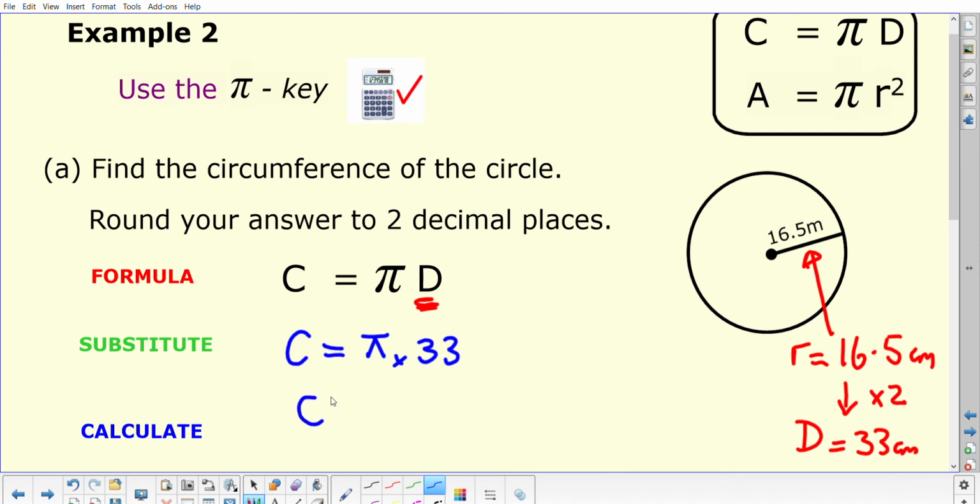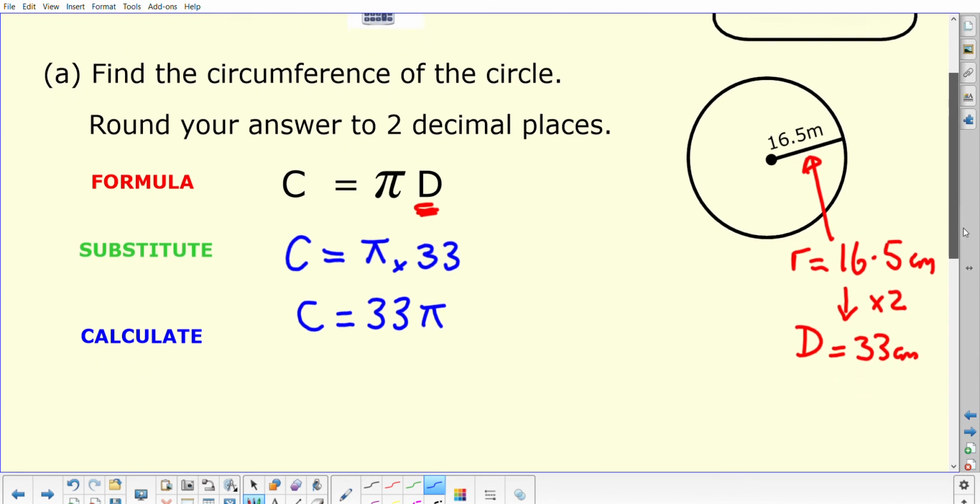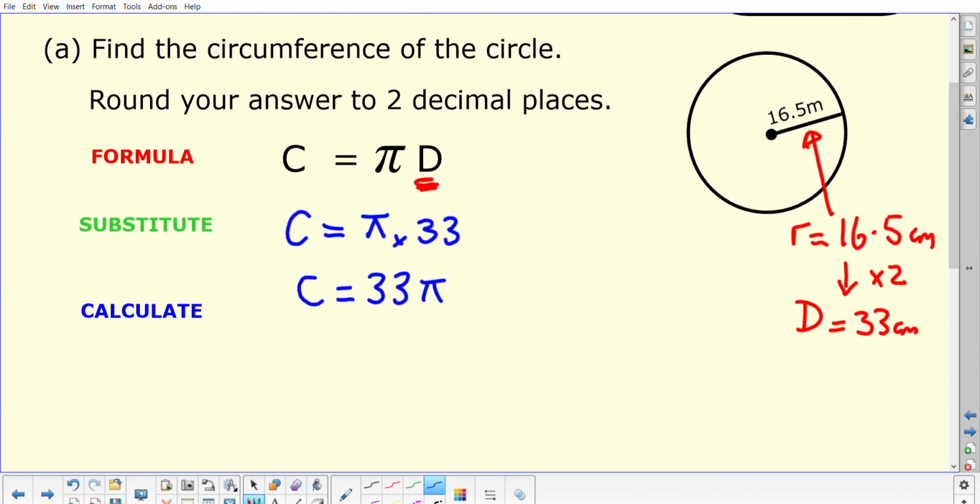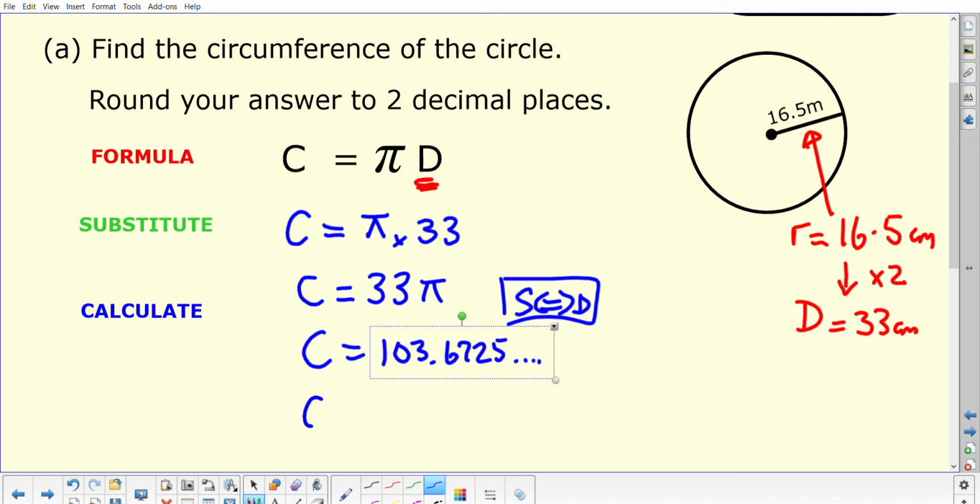Now what will come up on your calculator display will be 33 pi, and sometimes it asks you to leave your answer in terms of pi, but a lot of the time if it's talking about rounding, then you're going to press the SD button to get to the decimal value. So when you press the SD button here, you'd get 103.6725 and a whole load of other digits, and we would round that, remember, to 2 decimal places.